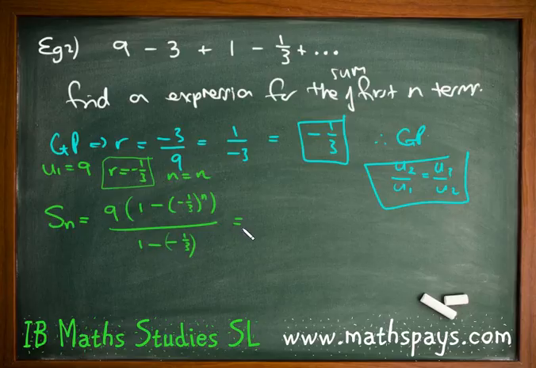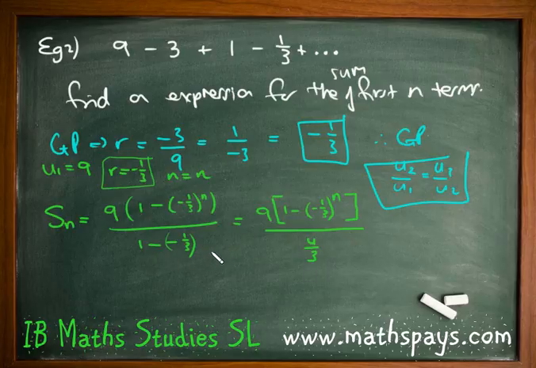Now I can simplify it slightly, not a whole lot unfortunately. I might even use square brackets here just to distinguish between what's going on here. I can't change that to a plus at this point because that n is a power of -1/3, so I've got to be careful there. But I can put this as 4 on 3 if I wanted to. Now that's 1 minus -1 on 3.